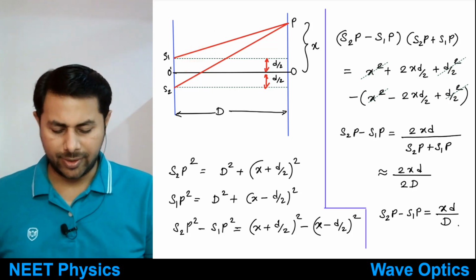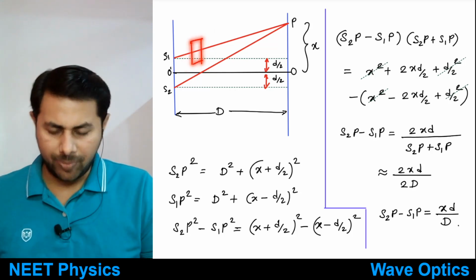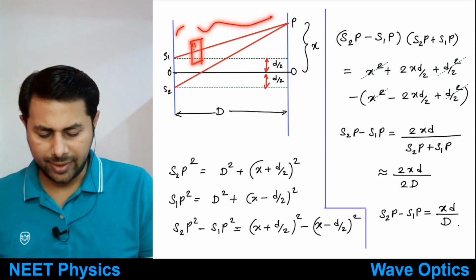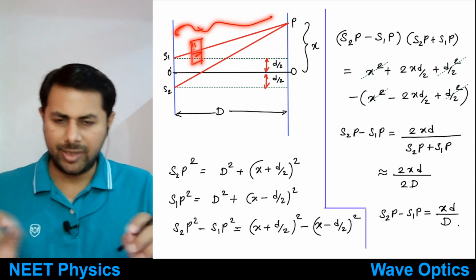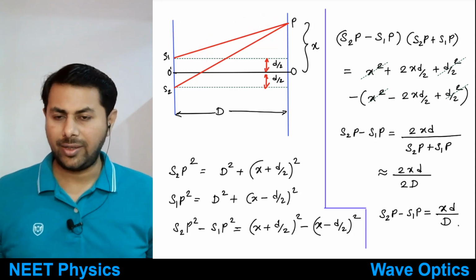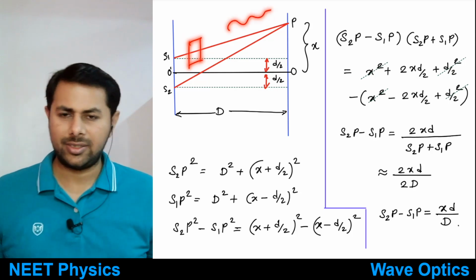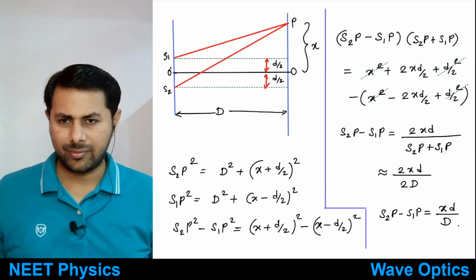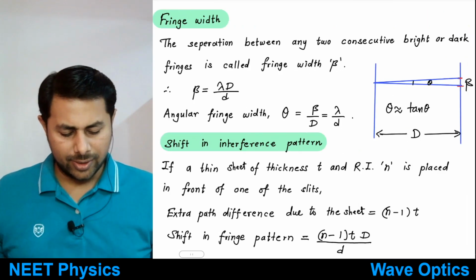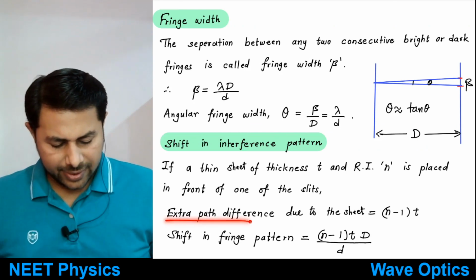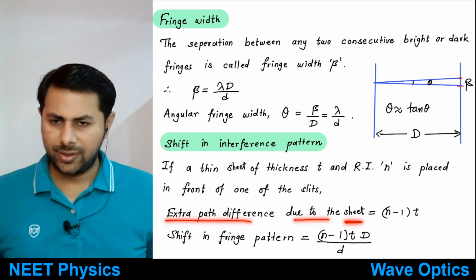Then what will happen? See, the optical path traveled in air and the optical path traveled in this medium would be different. Why? Because the wavelength of the light is different in different media. So now there would be an extra path difference due to the sheet.